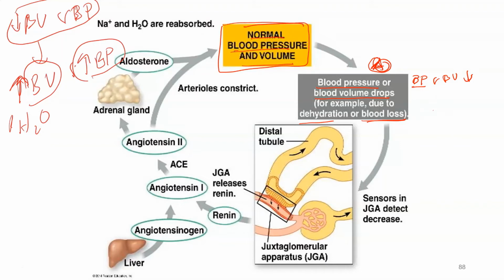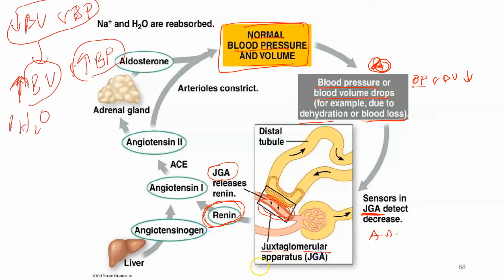So therefore, you have a sensor. We call it JGA. Kan JGA tadi kat mana? Kat afferent arteriole. Okay, so the afferent arteriole releases the hormone or enzyme renin.